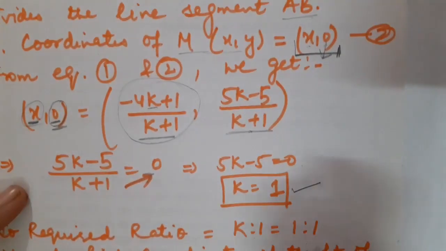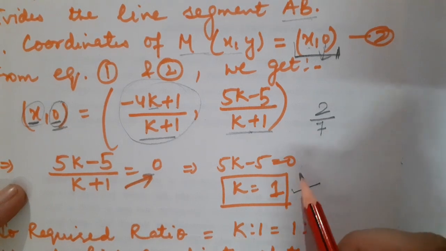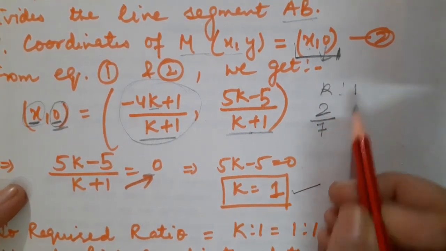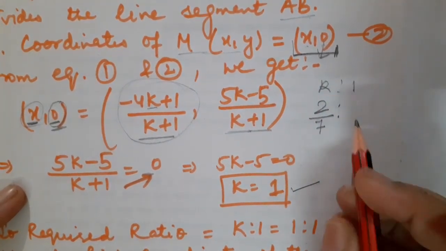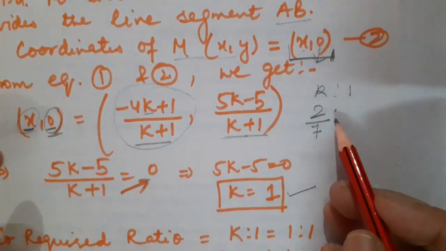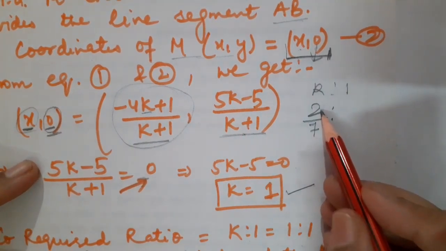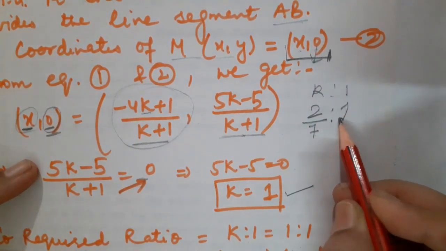For example, children, if in place of this, k is equal to 2 upon 7, you know the ratio is k ratio 1. So 2 upon 7 ratio 1.